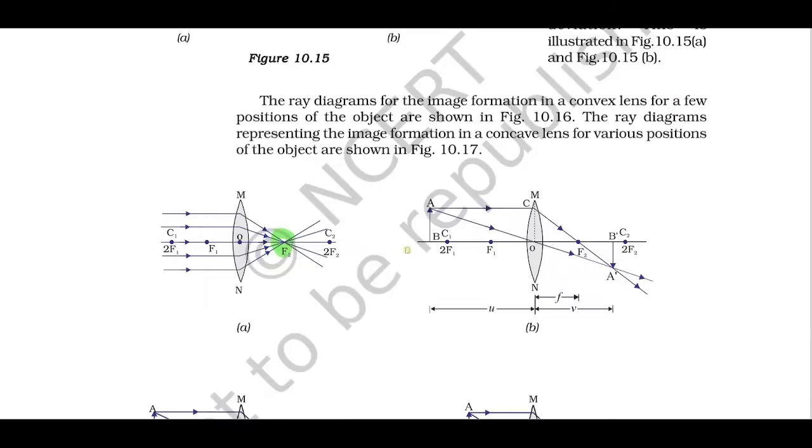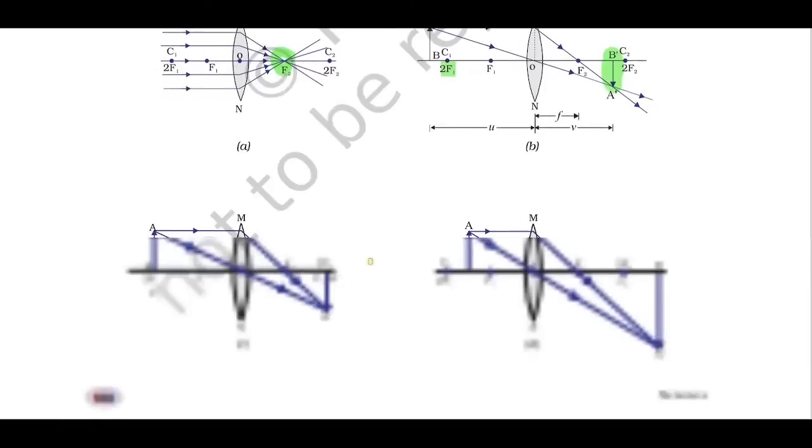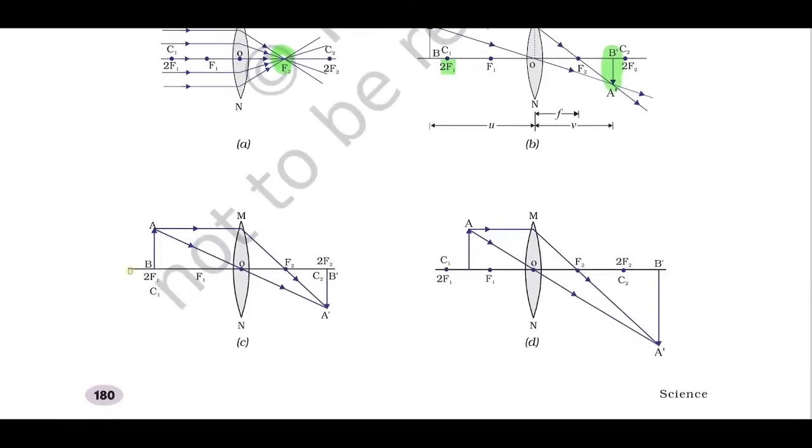In case the object is placed beyond 2F1, that is beyond C, the center of curvature, then what do you get? The image is formed between 2F2 and F2. The size of the image is what? Diminished. When compared to the object, the size is reduced, and the image is real and inverted.